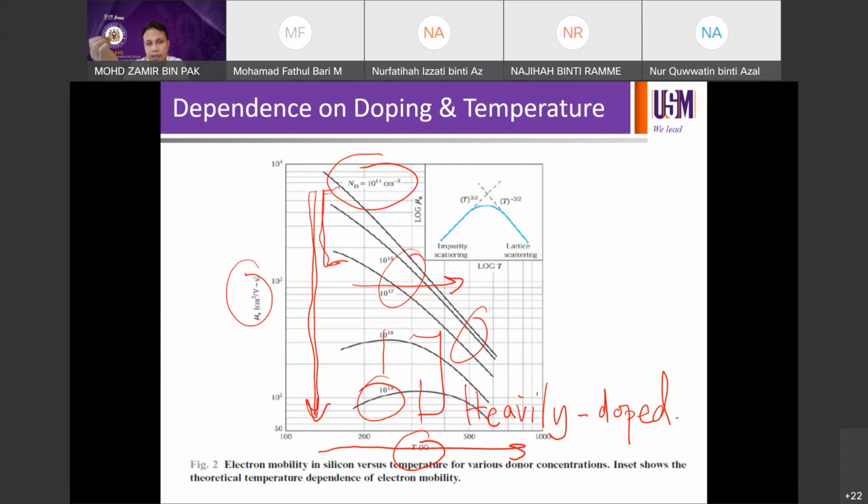So remember, the mobility here is the speed or the ease of motion of your carriers, okay? If there's no resistance, it's easier for them to move around, or faster, okay?